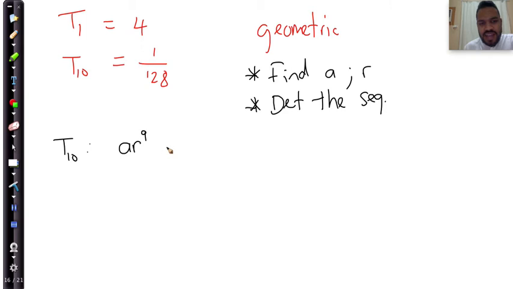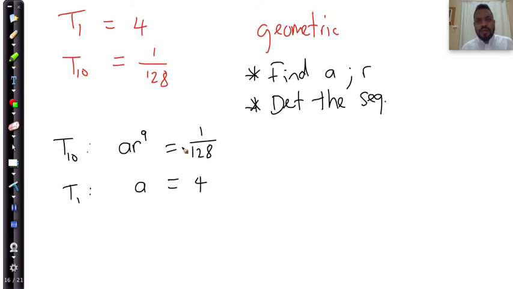So I'm going to say AR to the power of 9 is 1 over 128. Right. Okay. And now, furthermore, I'm going to tell you that T1 is equal to just A, as you know, A. Right? And as you know, A is equal to 4.